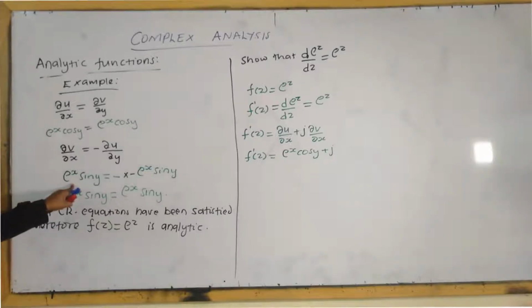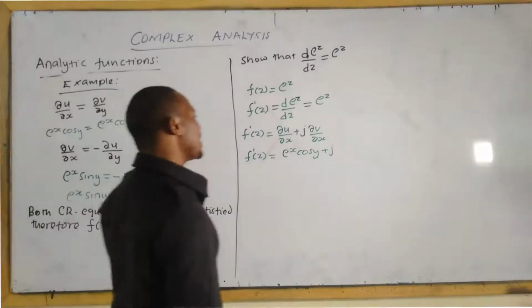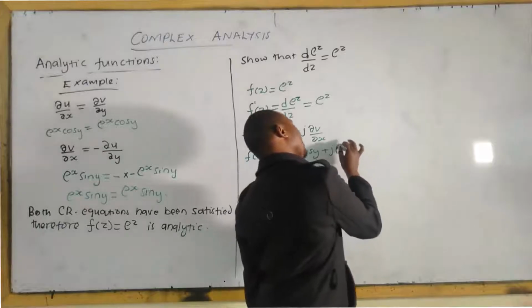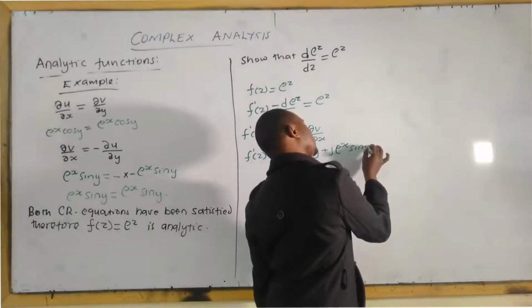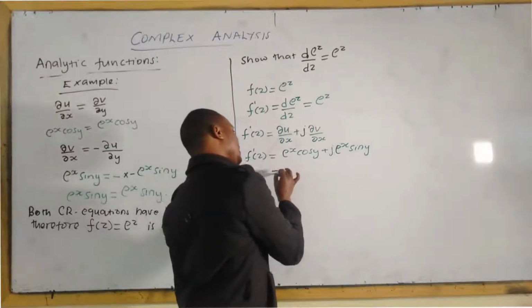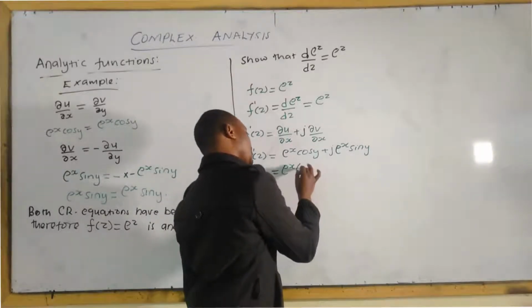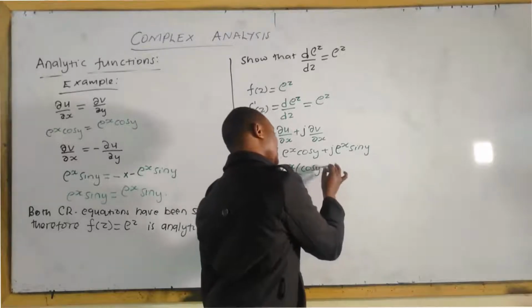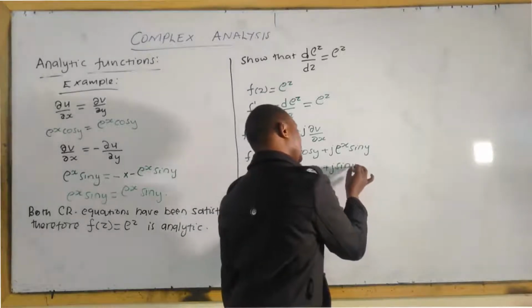Partial derivative of v with respect to x is exponential x sin y. Let us factor out the exponential. It is exponential x times cos y plus j sin y.